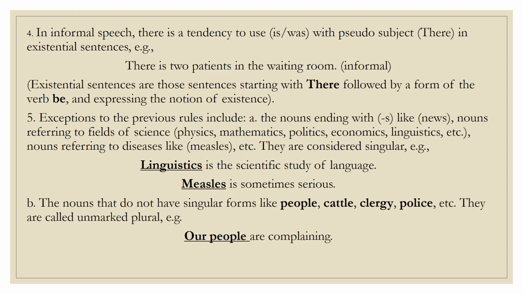As singular. The same thing with the nouns that refer to fields of science, like physics, mathematics, politics, economics, linguistics, etc. All these nouns referring to sciences end with S. But since this S is not a plural S, we consider these nouns as singular, and we use with them what?